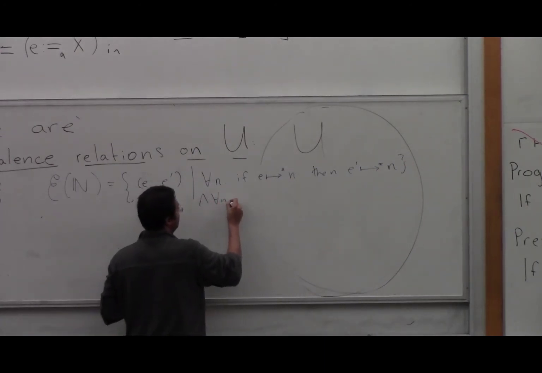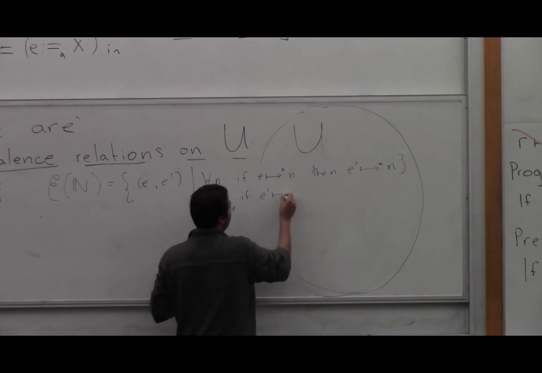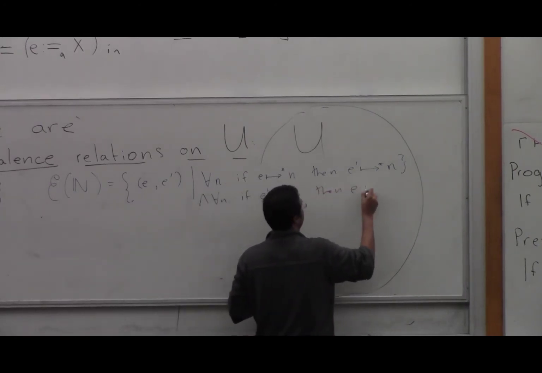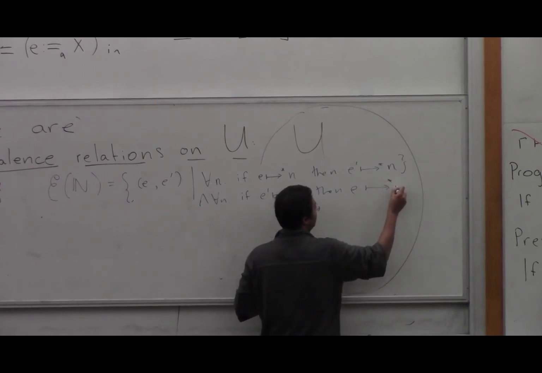And if E prime can reduce to n, then E can reduce to n as well.